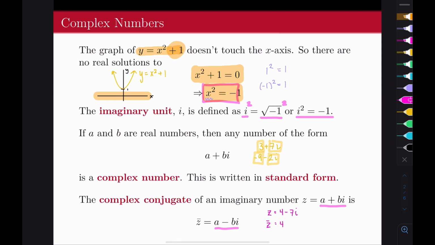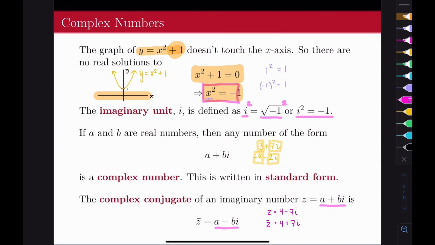You keep the numbers exactly the same, but you change the sign on the imaginary part. So its complex conjugate would be 4 plus 7i. Complex numbers typically are going to come in pairs. When we talk about solving equations, you're going to see a complex number and its conjugate as solutions. And some really nice stuff happens when we take a number and multiply by its conjugate. So let's try a couple examples.